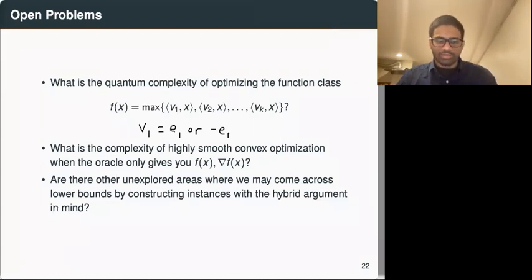You have a vector G and you're getting values of G inner product X, and you're trying to recover X from that. It doesn't matter what X you query, you're always getting some information about all of G, so to speak. You can't embed a modular problem into that problem.